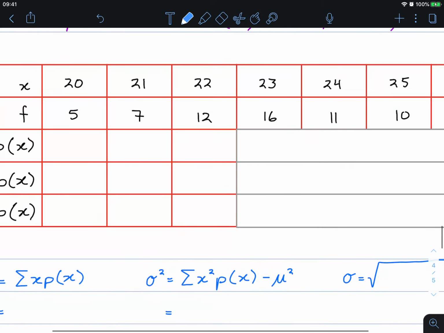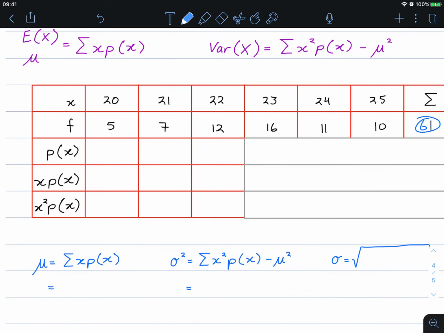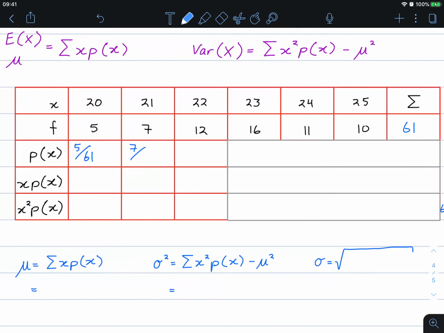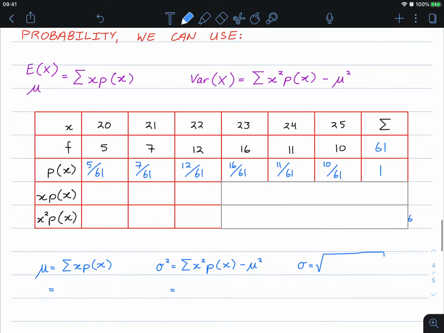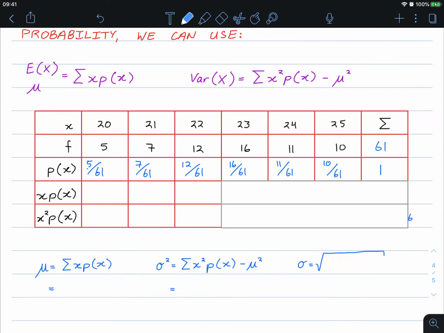We do that by considering its frequency, 5, divided by the total of scores. So 5 out of 61, 7 out of 61, 12 out of 61, and so on. As you can probably tell, the probabilities of all of these should add up to 1.